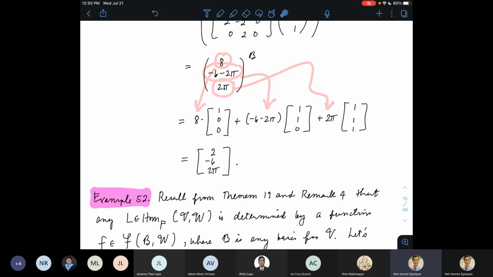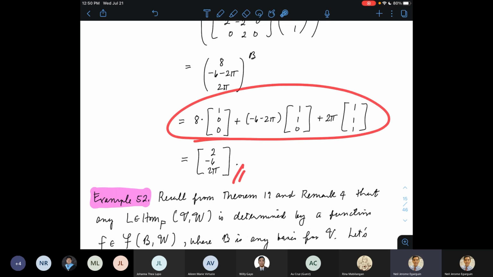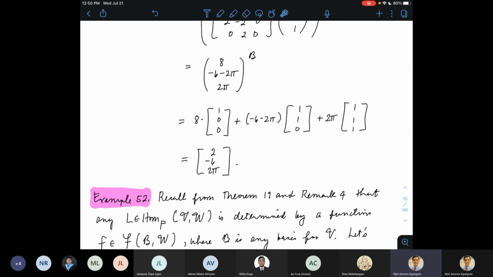All right. And then if you will compute this, you'll get this guy, 2, negative 6, 2 pi, which is what we expected. So this means that although the matrix representation depends on the ordered basis, the result after performing the matrix multiplication and the conversion to vectors will be the same across all representations, right?